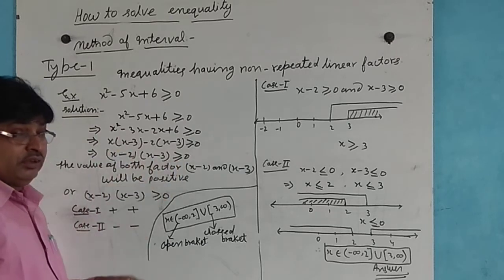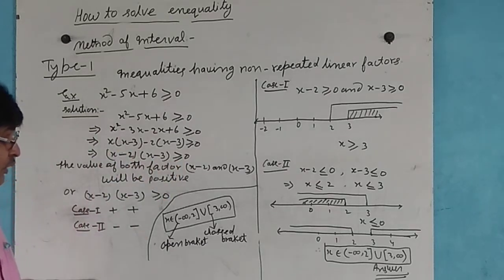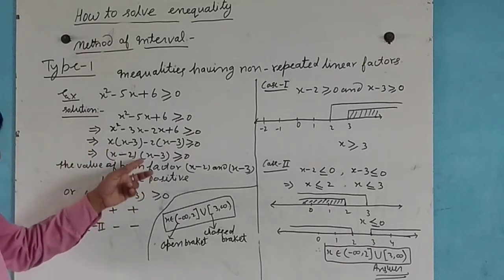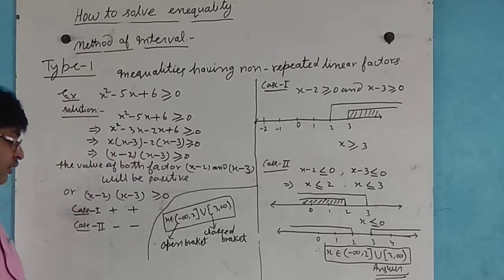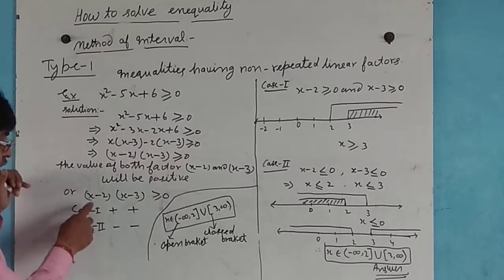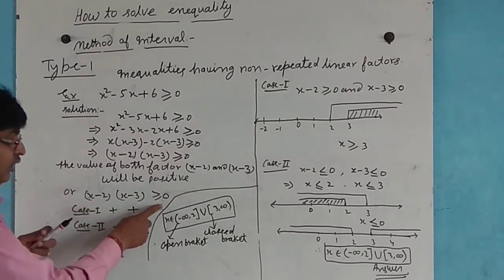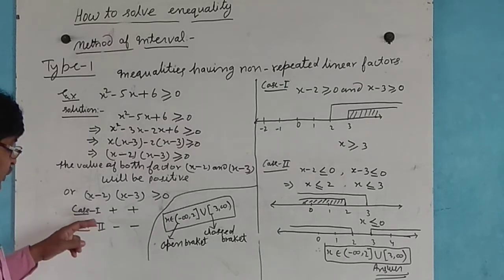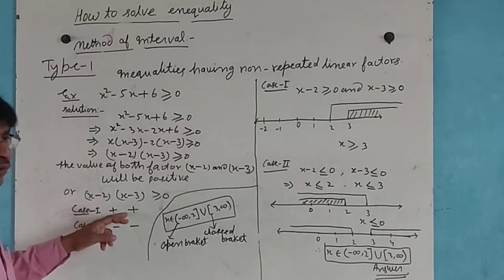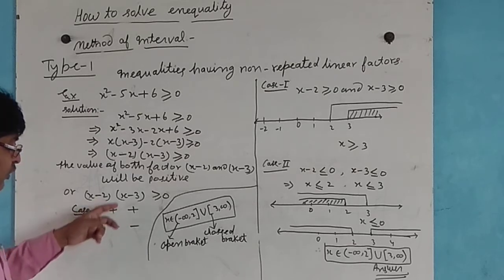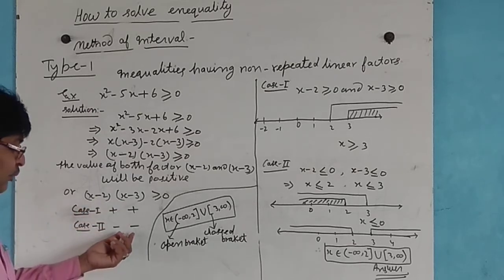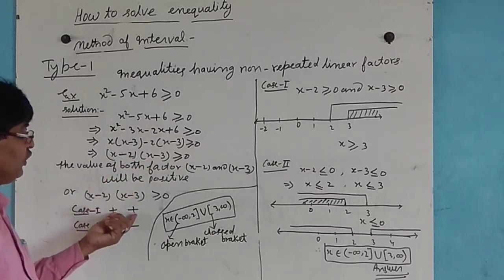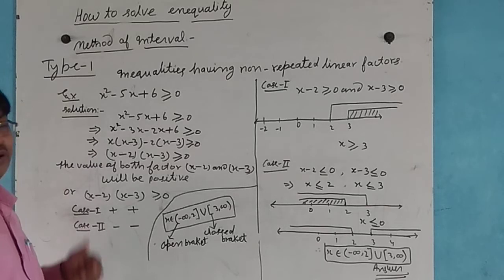It means this quantity becomes positive. Then in this case, x minus 2 and x minus 3 product greater than or equal to 0, two cases are possible: if both factors are positive or both factors are negative. If both factors are negative, then the product is positive, and if both are positive, the product is also positive.